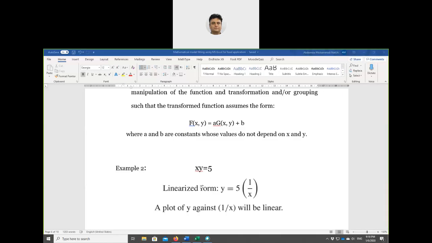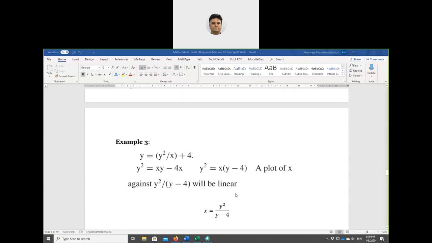But if I rearrange and make it y is equal to 5 multiplied by 1 over x, this is linear. If I plot y as a function of 1 over x instead of x, it will be linear.